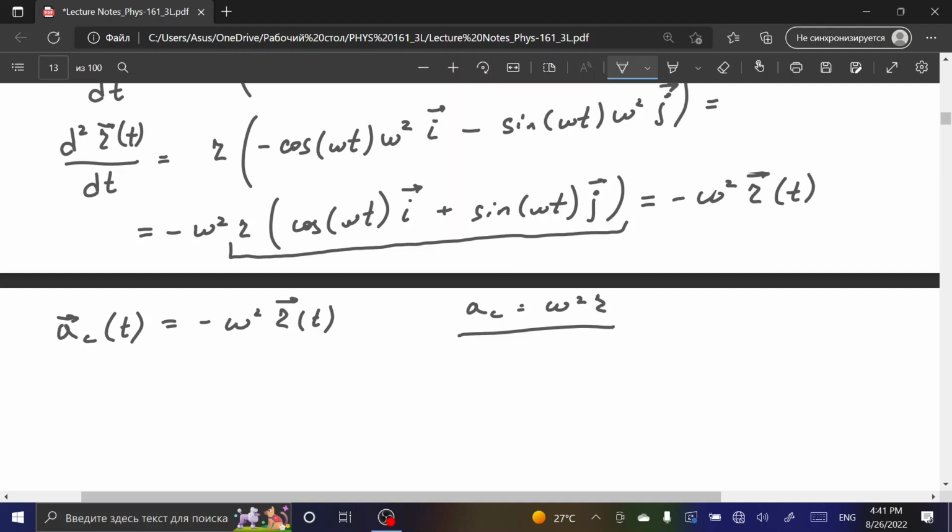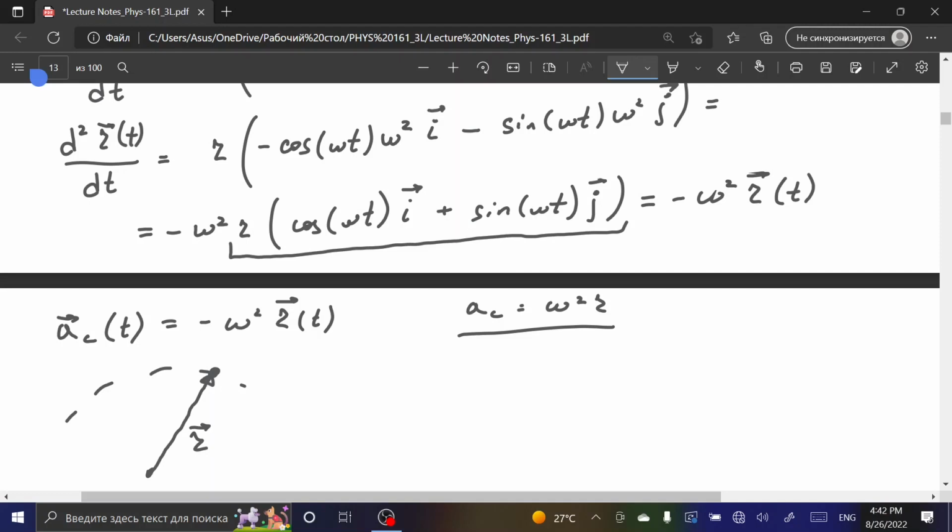So that means that by definition, position vector or radius vector in this case, if we have some circular trajectory, is pointed from the center of the trajectory towards the position of the body on this trajectory. So that is our radius vector.